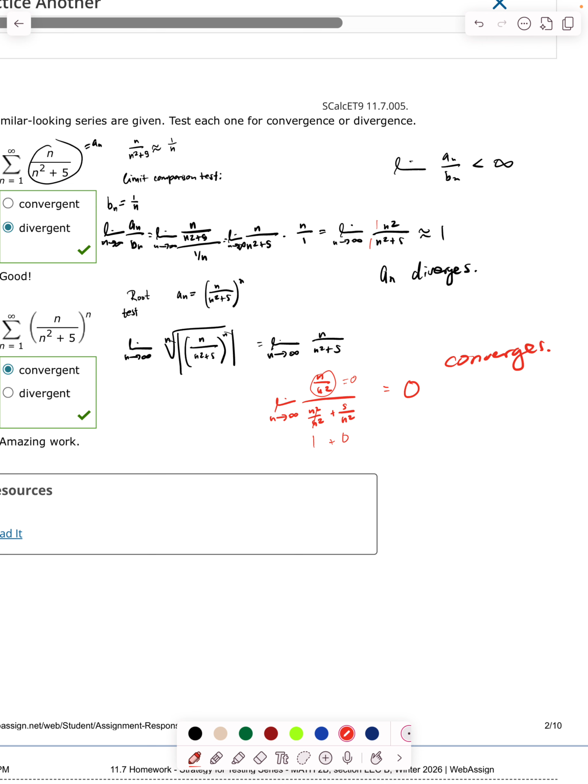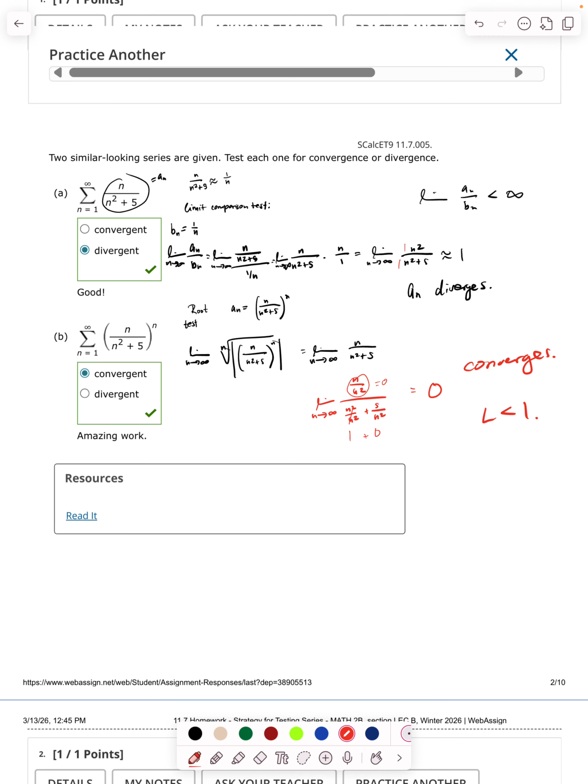The main condition of a convergent series using the root test is that the limit must be less than 1. And that's true here. It was 0, which is less than 1.